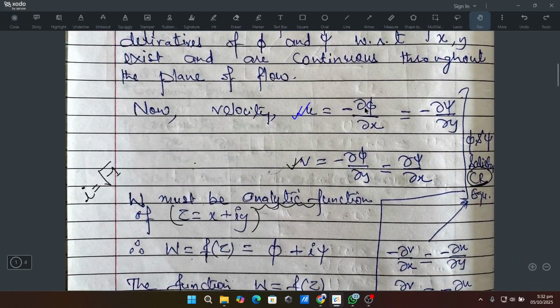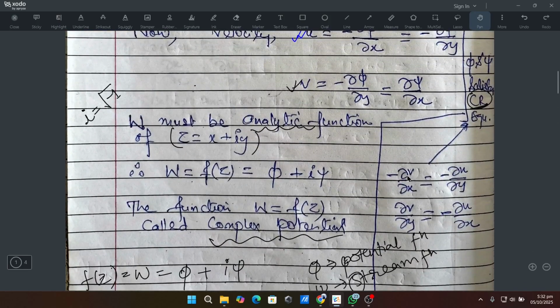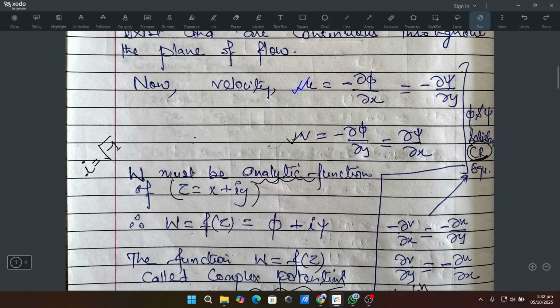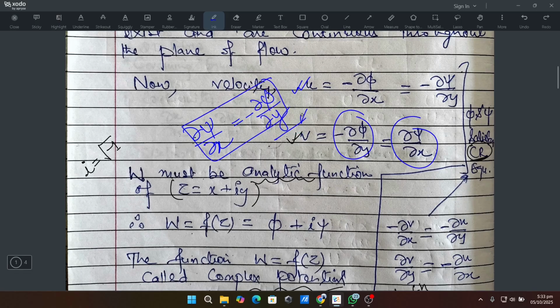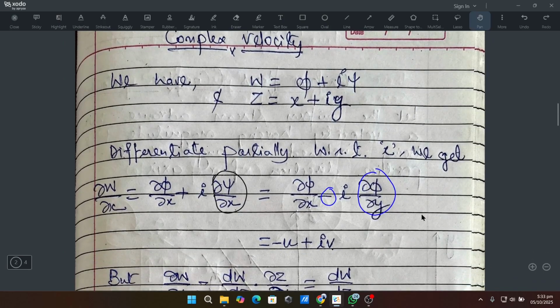From this equation, we had d psi dx, and here we also have d psi dx. So in place of this d psi dx, we can write negative d phi dy, cannot we? We name this equation star, and we are basically using that star equation. In place of d psi dx, we are writing negative d phi dy.